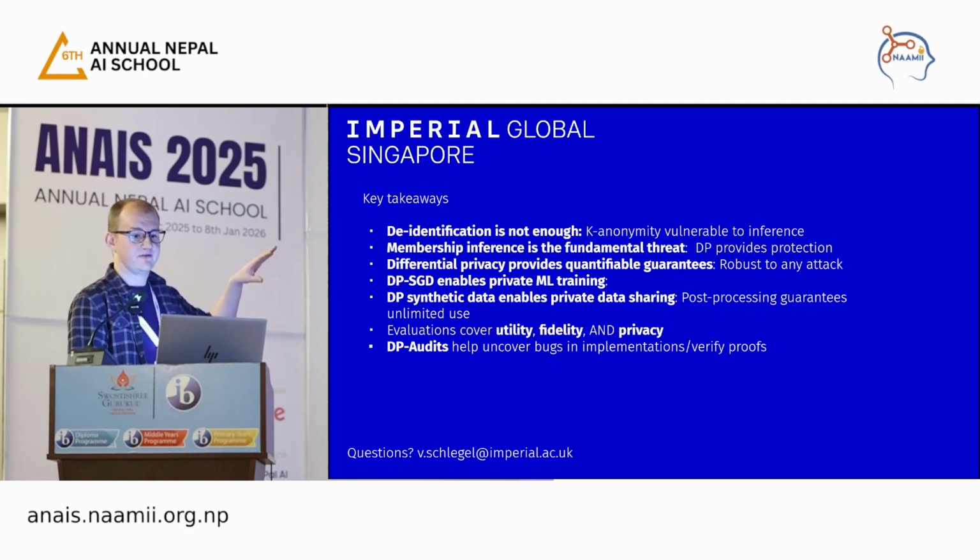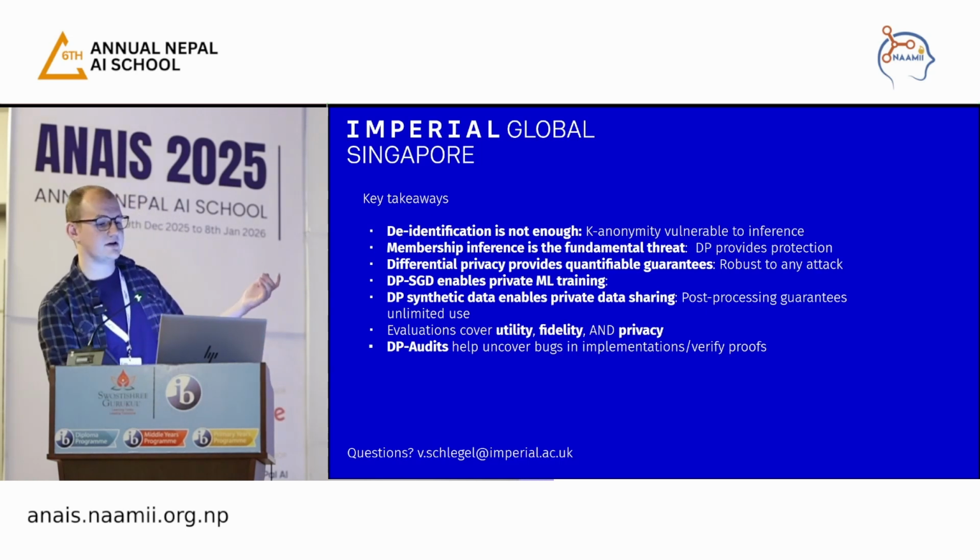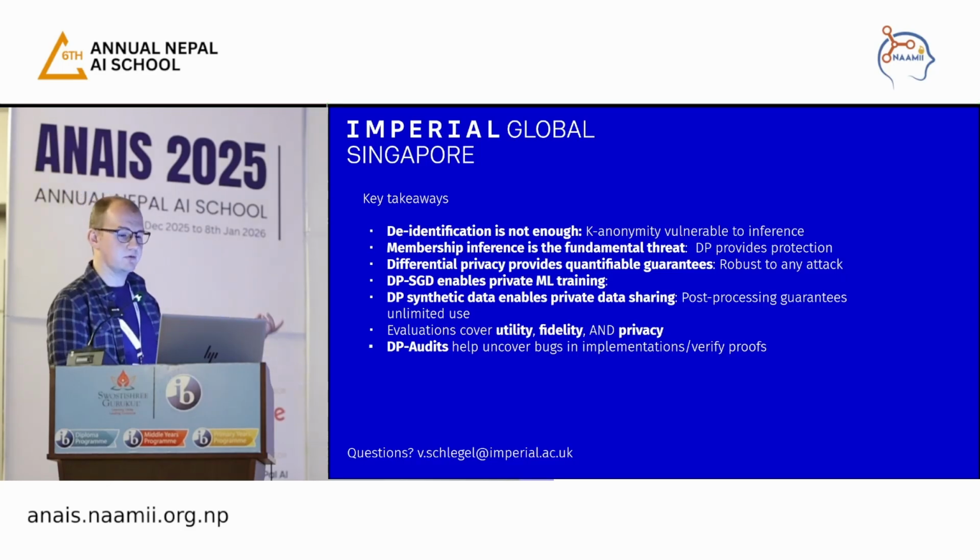Membership inference is the fundamental threat, and differential privacy builds a quantifiable guarantee around that threat and is robust against any attacks that aim to perform membership inference. This enables us to train machine learning models privately, which can then be used to generate synthetic data that enables private data sharing to a certain degree.